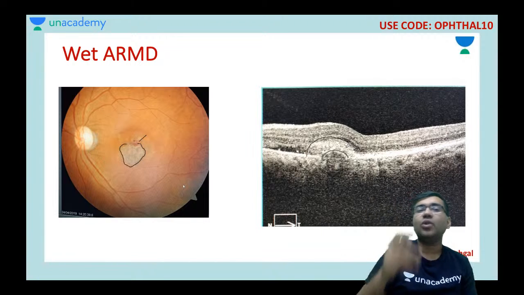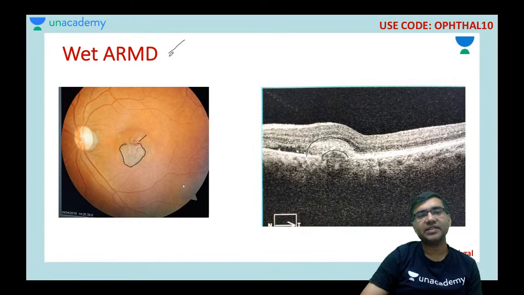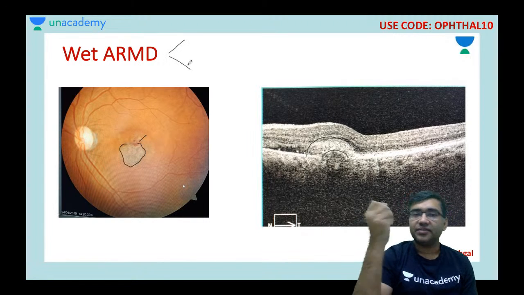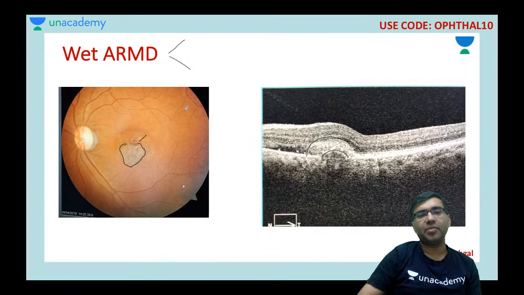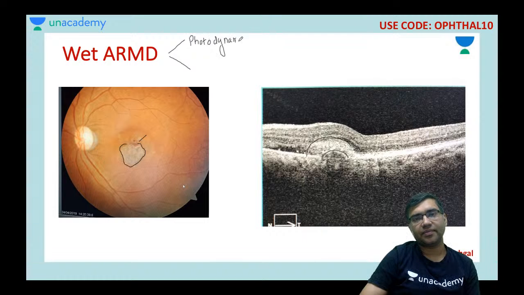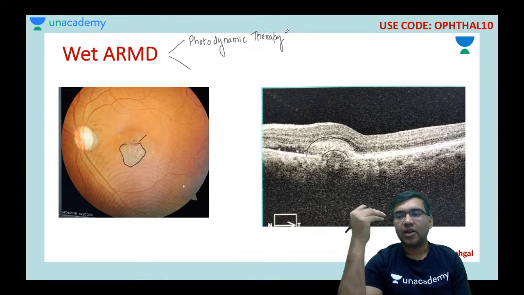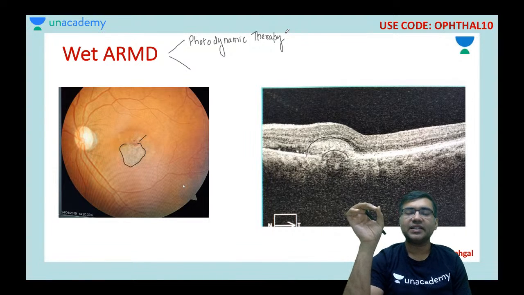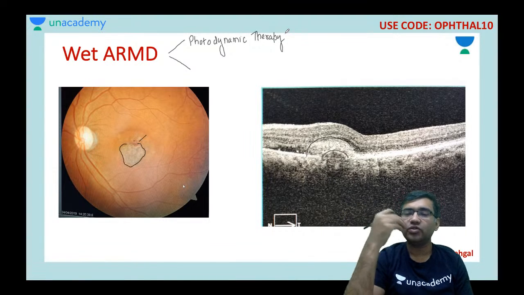Okay, whenever you have a wet ARMD, you have two choices for the treatment. First thing is, you can do a treatment modality that is called photodynamic therapy. Photodynamic therapy basically uses the diode laser to photocoagulate the new vessels which are basically starting from the choroid.